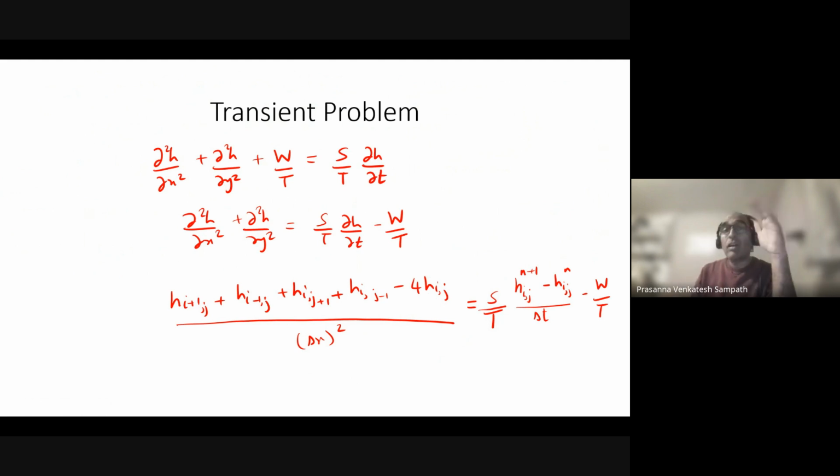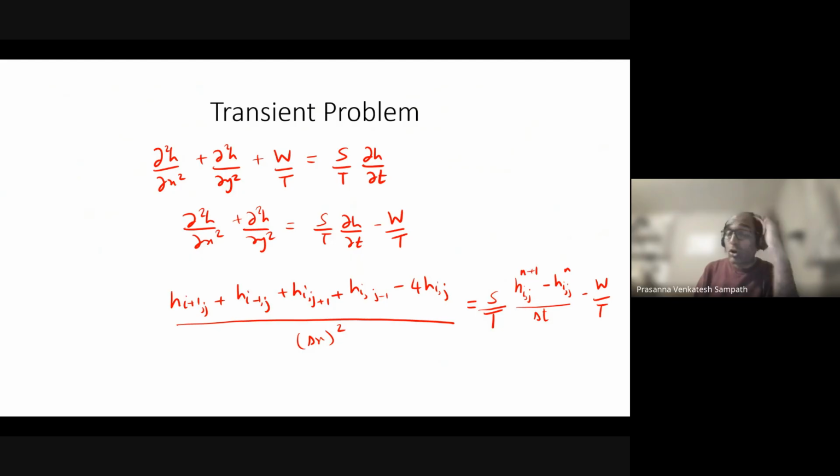But up to now, we were only looking at steady state problems, so that subscript or superscript was referring to iteration m, m plus 1, m plus 2, and so on. But now the head itself is marching through time. I start at time t equal to 0, then first time step, second time step, third time step, and so on. So this n and n plus 1 refer to the time step, not to the iteration number. That's something that we have to be careful with.